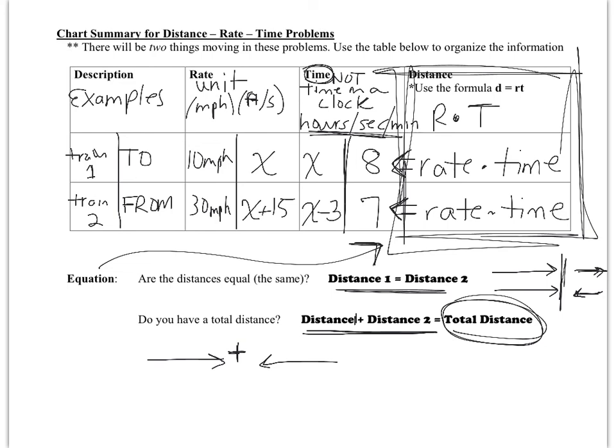Or in the last example, you're going someplace in town and then you're getting on the interstate and you're continuing. You have two different rates, two different distances, but you're going in the same direction. That's one other way. Another way would be if two different people or objects are traveling in opposite directions and you're given a total distance. That would be another time where you're adding the distances together.